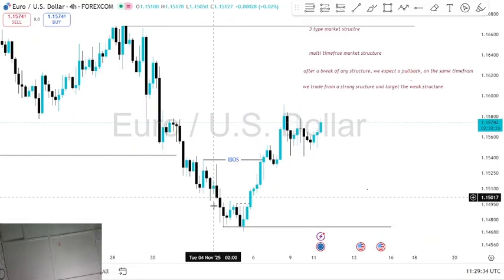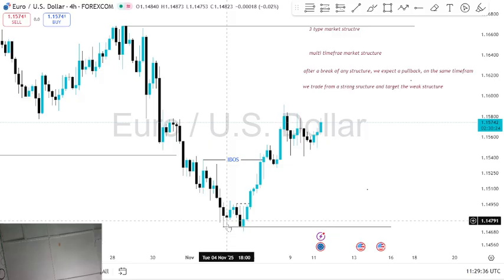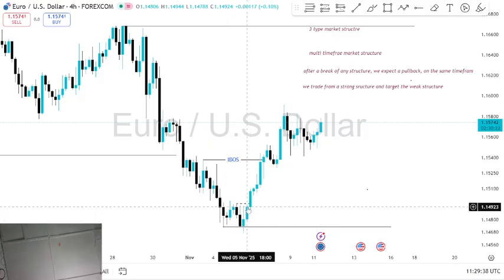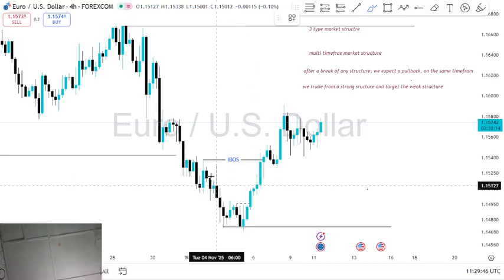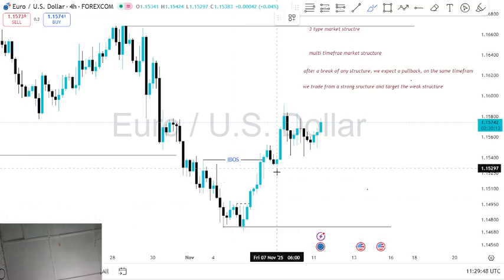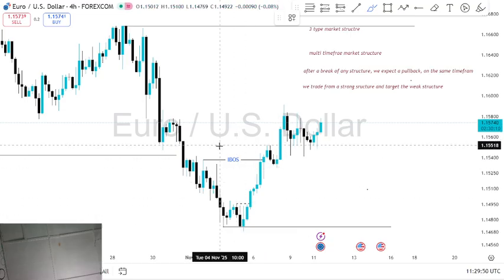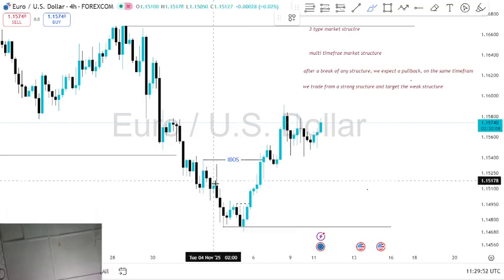So we see this internal structure. Let's say we are having a pullback, but the change of character is the earliest confirmation that this internal pullback is starting. When we have this internal break of structure, it is a strong structure.